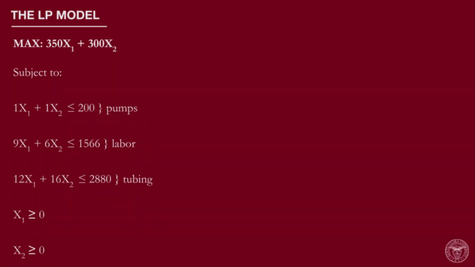After we finish all these steps, we can sum them up as this LP model. In this LP model, we are going to maximize the total profit for the company as 350x1 plus 300x2, subject to the following constraints: the pumps, the labor, and the tubing, and those 2 non-negative constraints. Thank you.